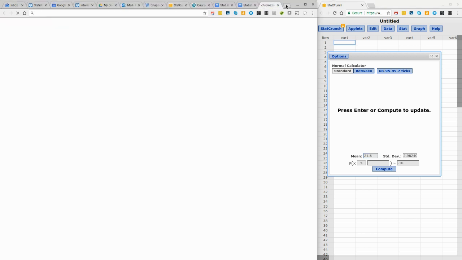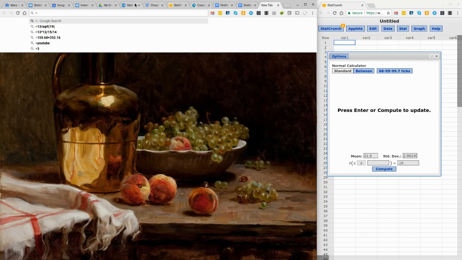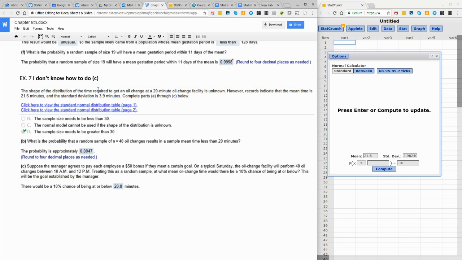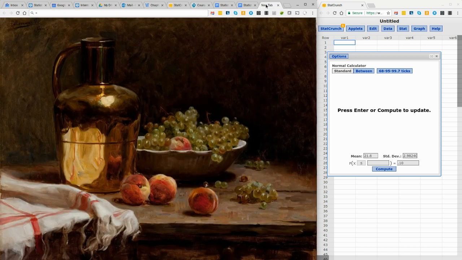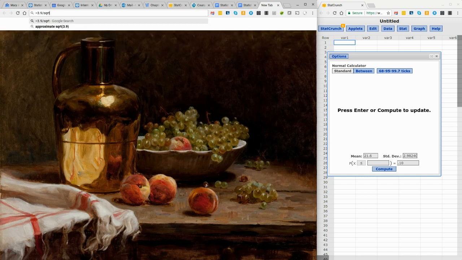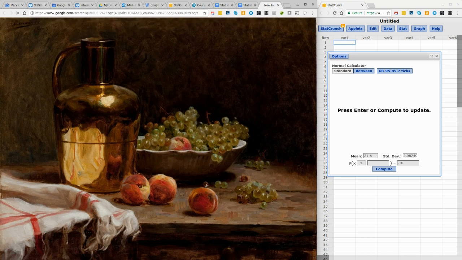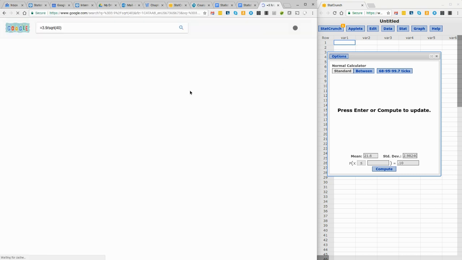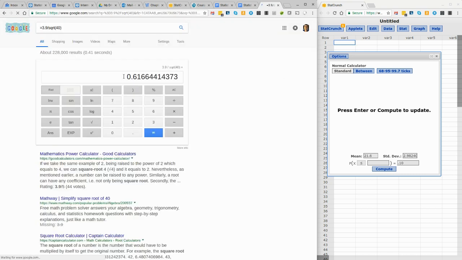So that's going to be, what was that? 3.9 divided by the square root of 40. Our sample size is 40. So that gives us a standard deviation of a little over half a minute.